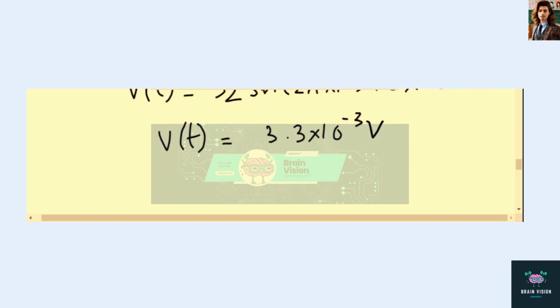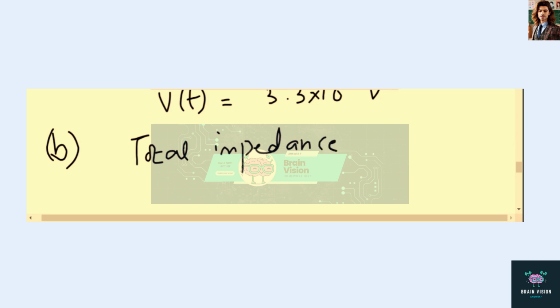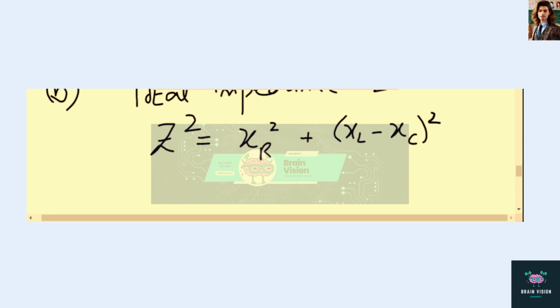Now the next thing that we need to find out is the instantaneous current. For that we need to find out the total impedance, that is Z. So Z square is equal to R square plus the reactance of inductor minus the reactance of the capacitor, whole square.